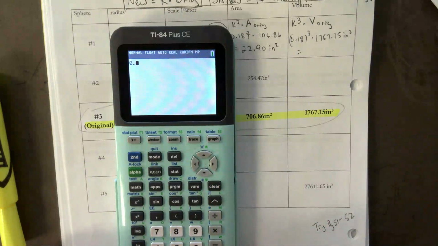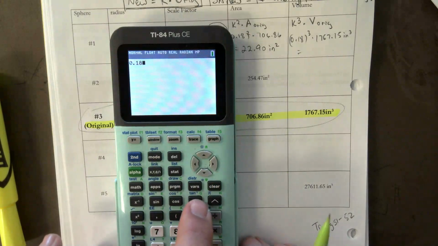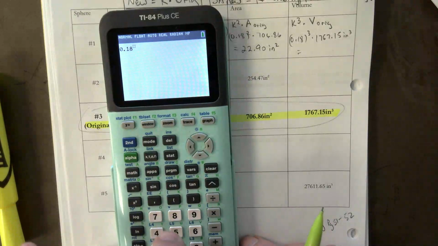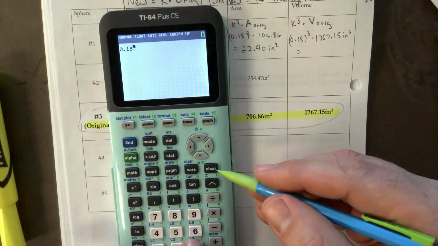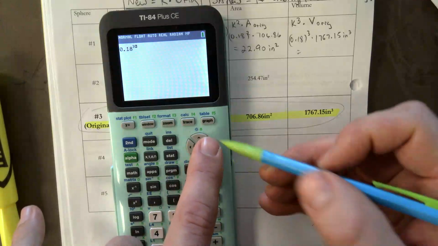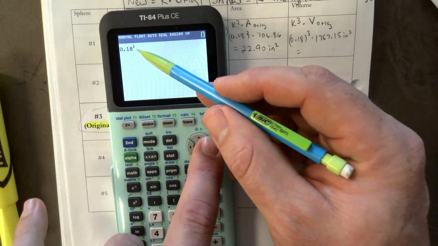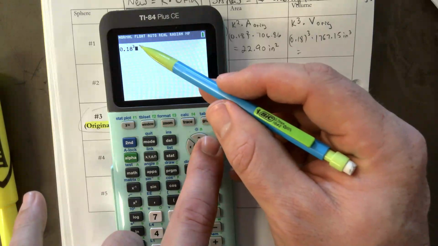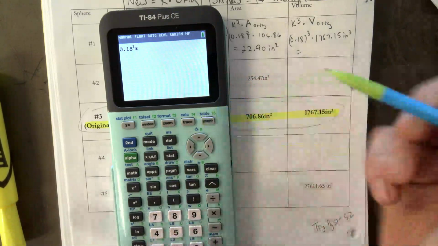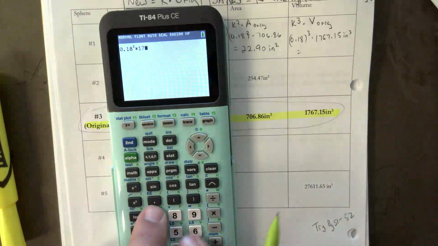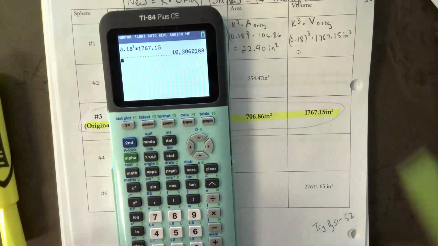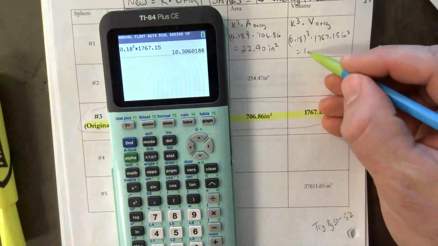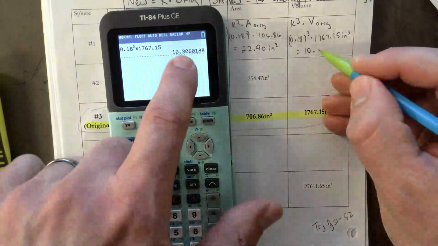You go 0.18, use that little hat button. It's underneath clear, and then just go 3. I would go arrow sideways to bring it back down. Don't be adding more to the exponent. Then you just go times 1767.15, and there's your new volume. 10.31, correct?